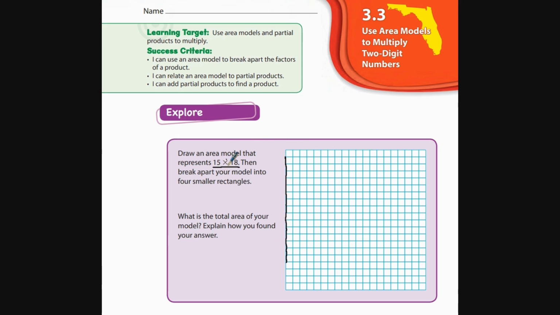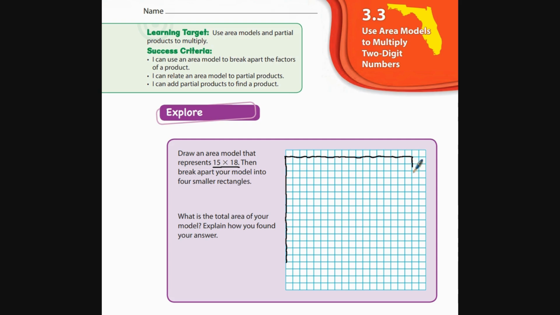And now I'm going to do 18 across. So here we go. 1, 2, 3, 4, 5, 6, 7, 8, 9, 10, 11, 12, 13, 14, 15, 16, 17, 18 across.